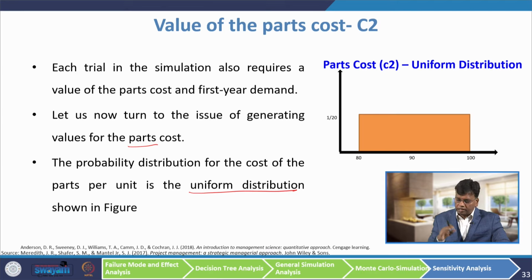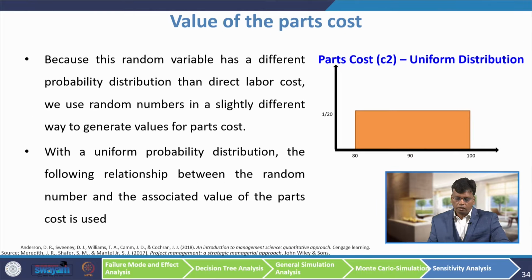Now, we have to generate different part costs that should follow uniform distribution. Because this random variable has a different probability distribution than the direct labor cost, we use random numbers in a slightly different way to generate values for the part cost.